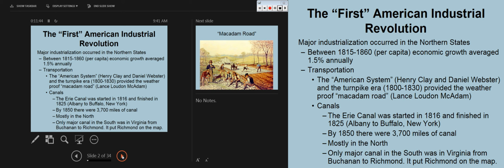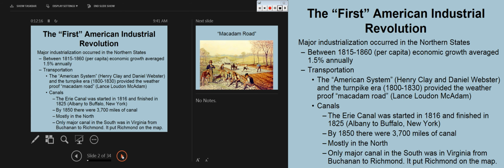A really great example of that would be one of the greatest engineering feats of this era, and that's the Erie Canal. The Erie Canal put New York on the map as a global trade center because it connected the Great Lakes to New York City, and all these new cities that were sleepy little towns like Buffalo and Rochester and Cleveland is another good example.